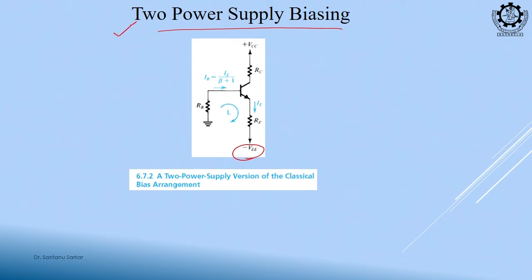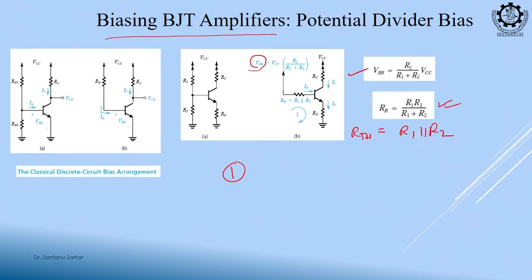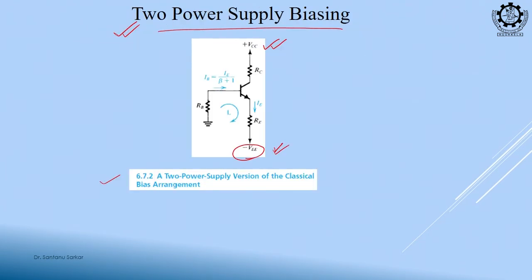But I have 2 power supplies, one positive, another negative. So, this will also work. Okay. So, this is known as the 2 power supply biasing. If I have 2 power supplies, I do not need to generate VBB, directly use the RBB and you are done. So, this is our second technique of biasing.